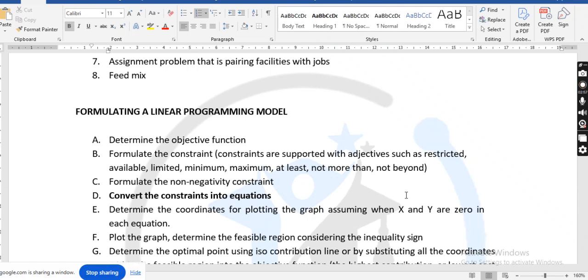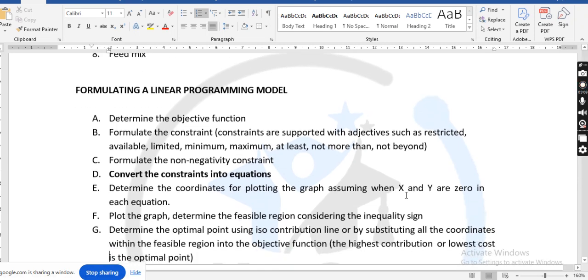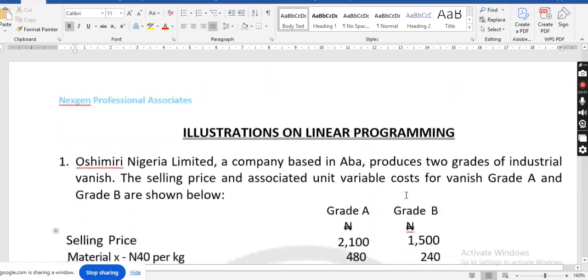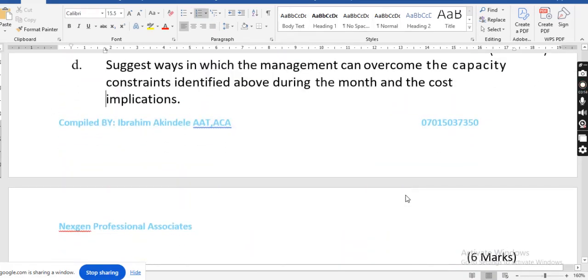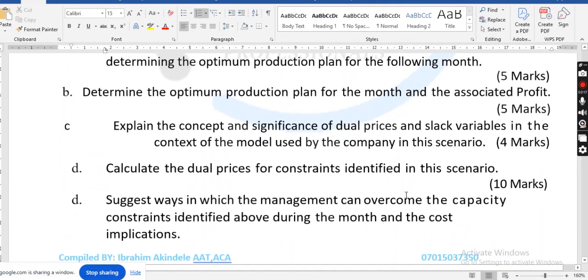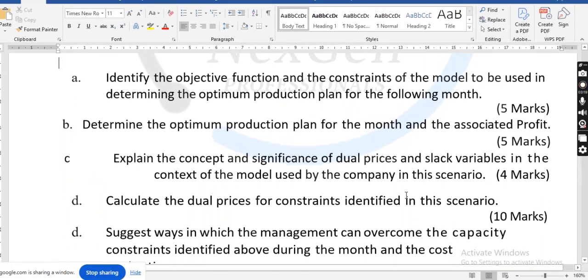You can now find the optimum, but first we need to convert the constraints into equations, because that will lead us to how to determine the production plan.